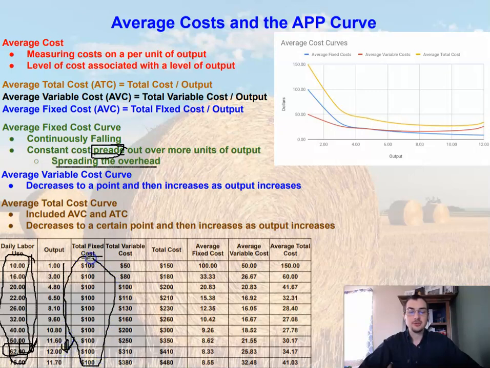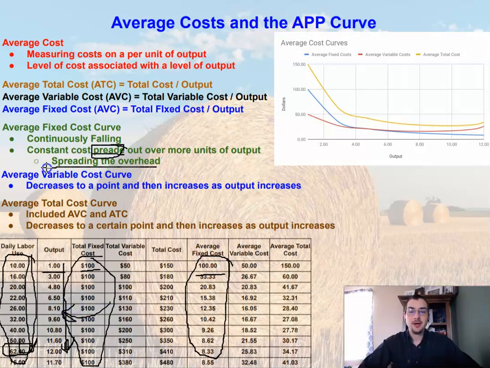Our fixed costs don't change. So guess what? If we take our total fixed cost divided by our output and find our average fixed cost, our average fixed cost is going to continuously decrease. Why? Because we are spreading that fixed cost out over more units of output.